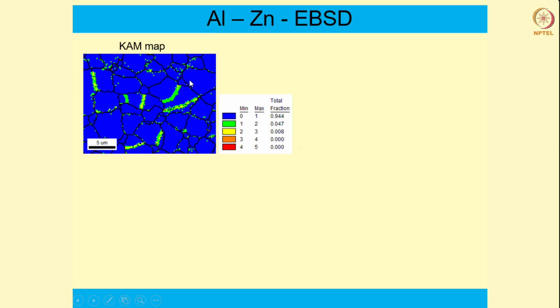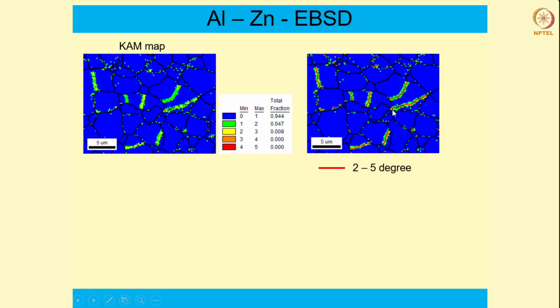So if you now superimpose the dislocation map over the grain boundary map, you would see that this dislocation map that you have in terms of this green color, once you superimpose the grain boundaries on this map, you will see the dislocations are overlapping with the subgrain boundaries, the red color subgrain boundaries.